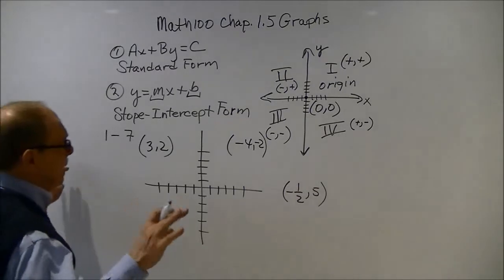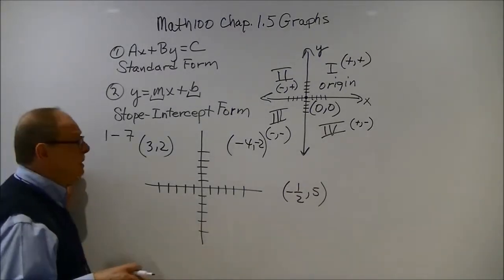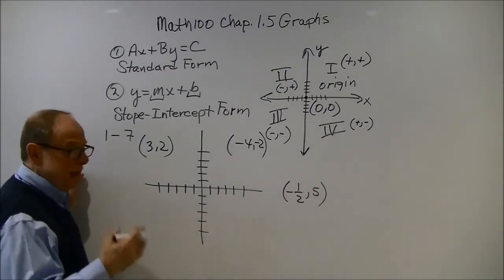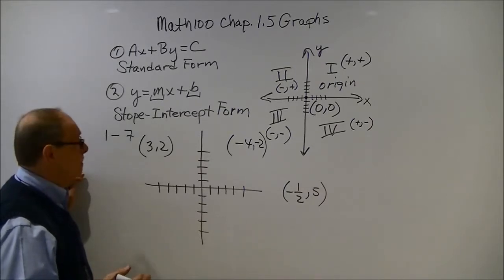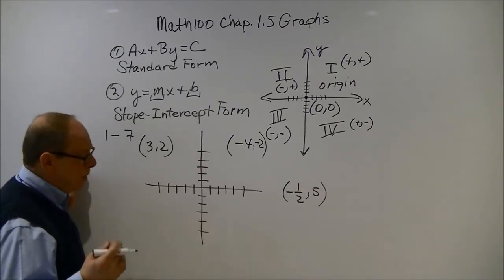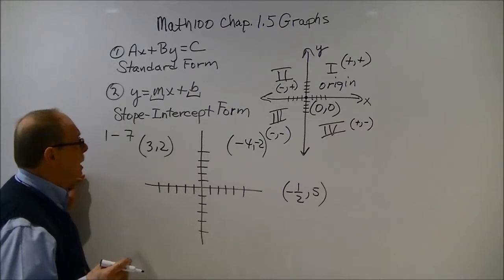So I'm not going to do a lot of the examples in the book. We did them in class. And the answers, again, are at the end of the chapter. So you can check your work. But just to go over some of the theory of what goes on.